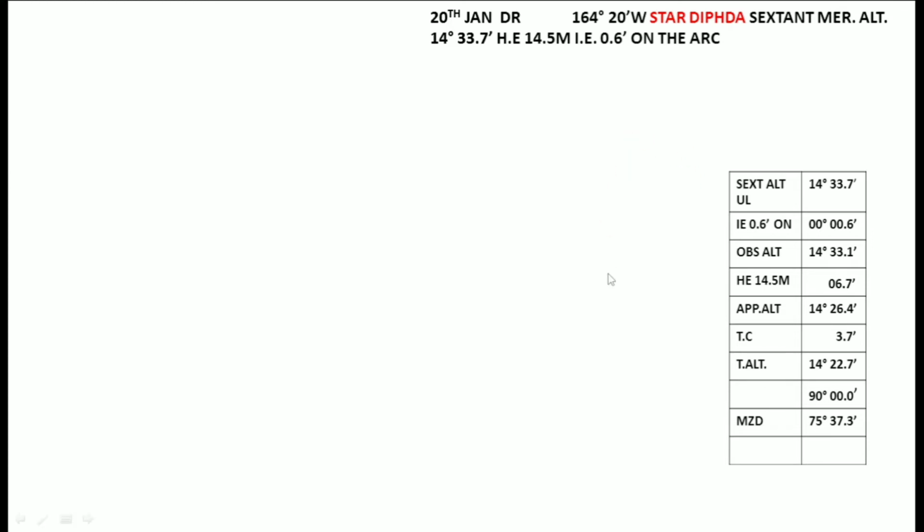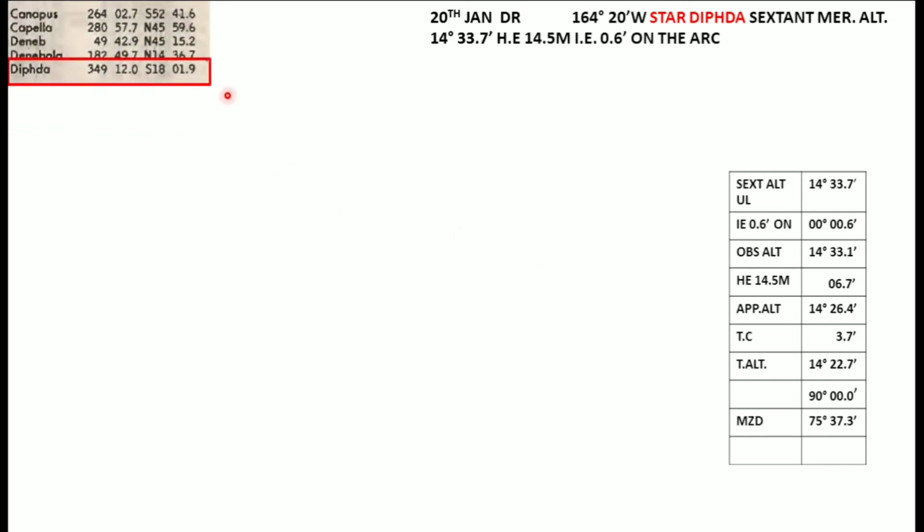Now this is the star, as we had talked earlier. Basically, not knowing the GMT really does not make a difference, because the declination does not change much as long as I am sure about my dates. So I can get my declination right from here and use this and get my latitude.